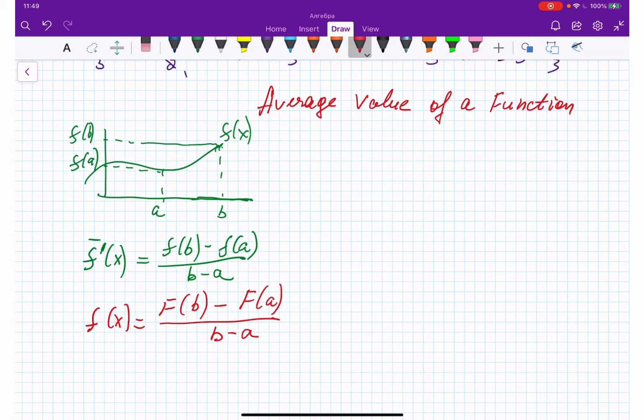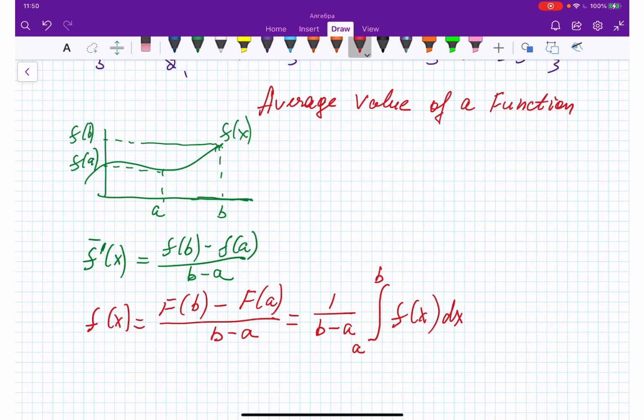So we have 1 over B minus A, and antiderivative B minus antiderivative of A, it's going to be integral from A to B f of x. Right? It's the same thing.